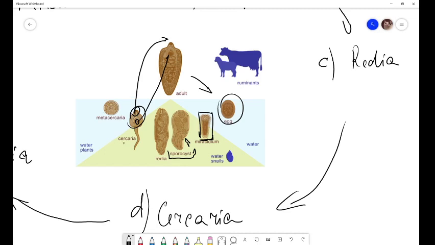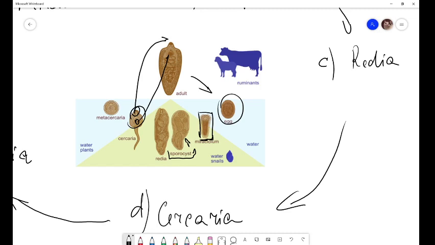The next stage is a metacercaria. It is a cercaria without a tail. And what is a metacercaria? When a cercaria loses its tail and secretes a cyst wall and connects to water plants, it stays a metacercaria.